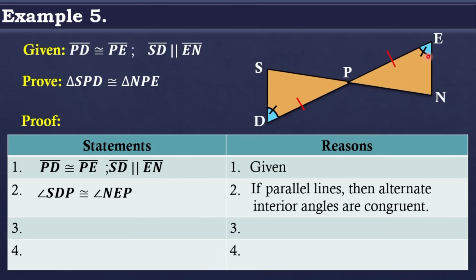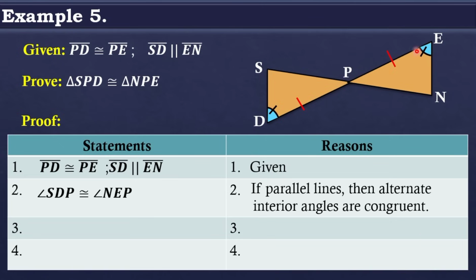alternate interior angles. So, again, since kung parallel po ito si SD kay segment EN, ibig sabihin, kung nare-recall nyo yung concept ng parallel lines cut by transversal nung grade 7. So, pag meron tayong parallel lines cut by transversal, so this will serve as our transversal.